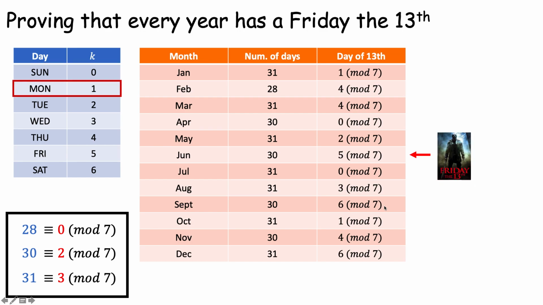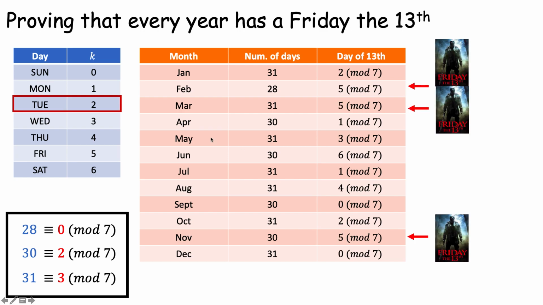If the January 13th had been a Monday, that is k equal to 1, we will see that June of that year would have had a Friday the 13th.